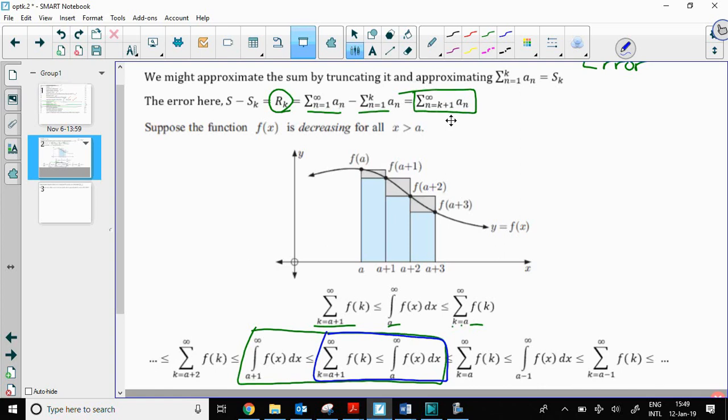So it's always going to be one more than however many terms we've used. And here, that error is less than or equal to the integral from k to infinity. So if I take 7 terms, the error found between the total sum and the 7th partial sum will be less than or equal to the integral from 7 to infinity.